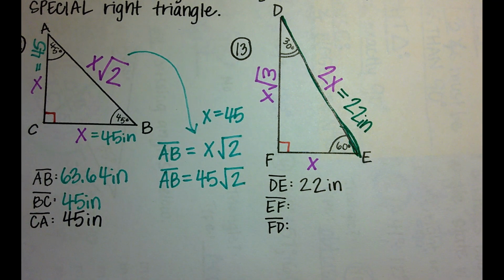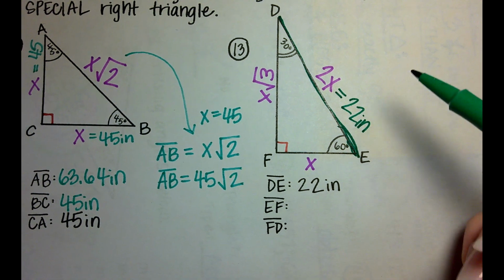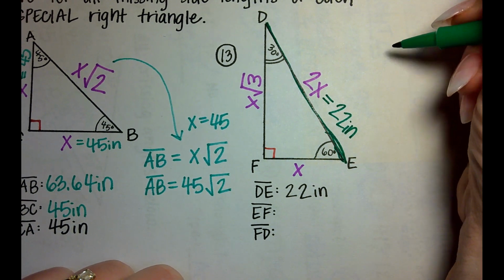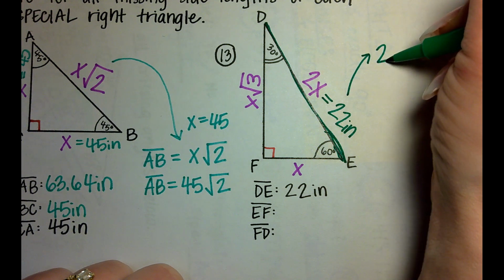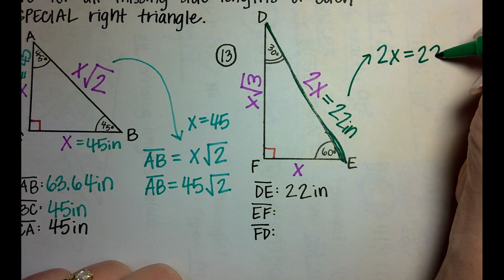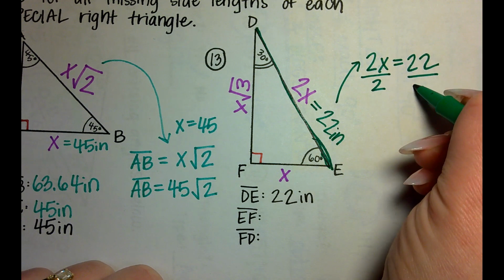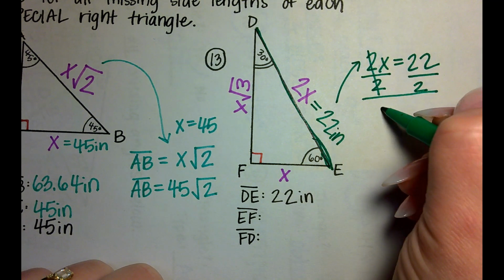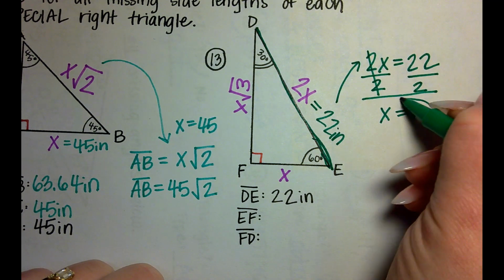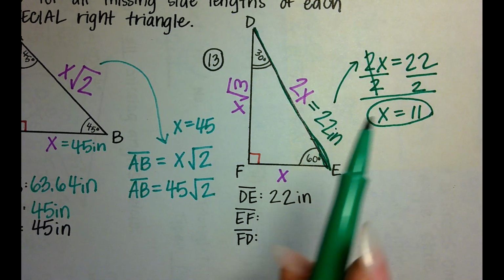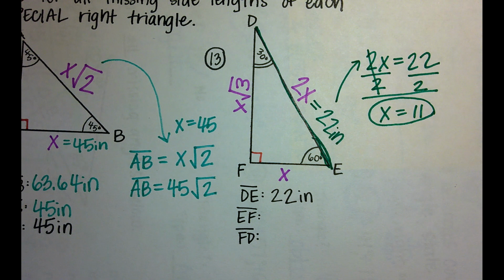So all Michael did is he took this equation, 2x equals 22, and solved for x. So 2x equals 22, and you divide by 2. X equals 11. So now that we know x, we can use that to solve for everything else.